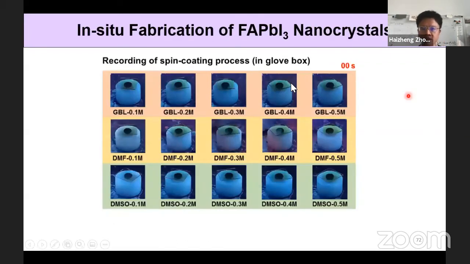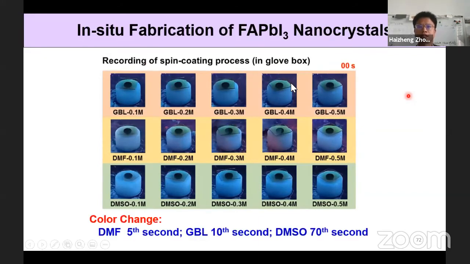Actually, this method is quite universal, and we have also tried to explore the fabrication of light-emitting devices. We explored the use of different solvents such as GBL, DMF, and DMSO, and we found that the solvents control the nucleation, and the color change point is different.